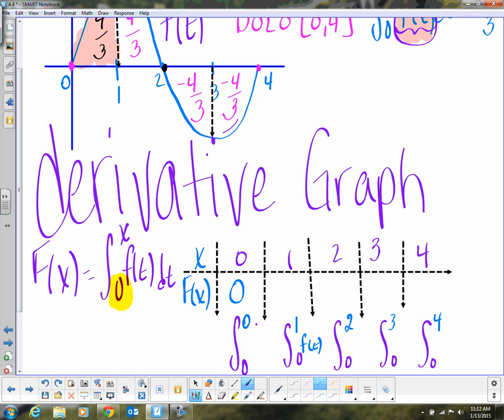What's the area under the curve from 0 to 1? 4/3. What is this? 0 to 2. 8/3. What is this? 0 to 3. That negative cancels that negative. You're back to 4/3. And what about this next one? 0.